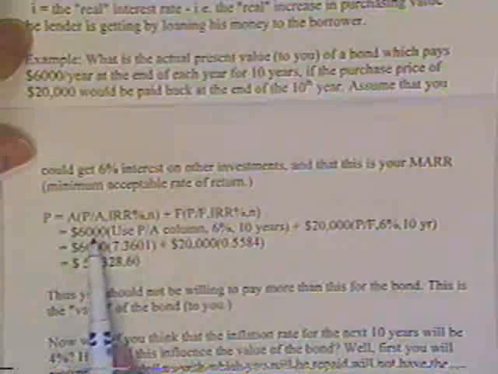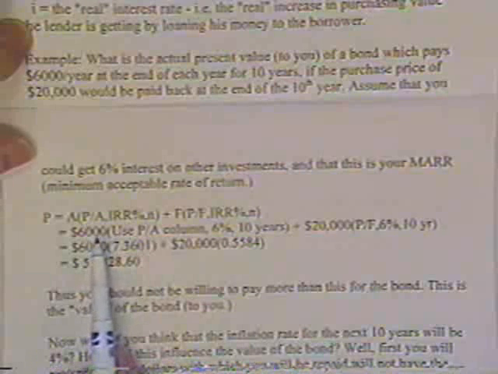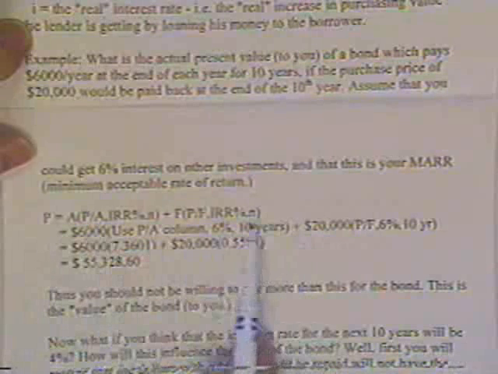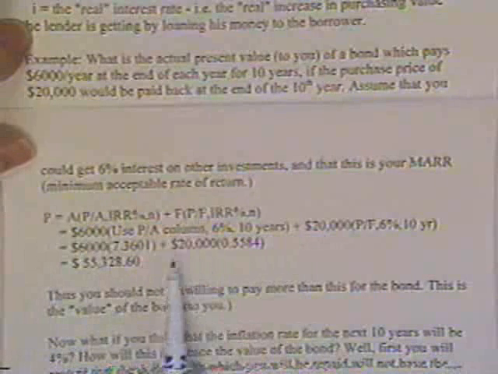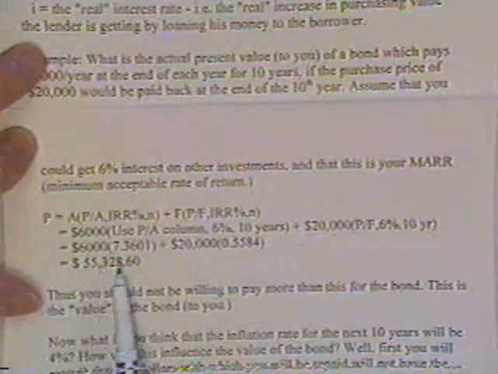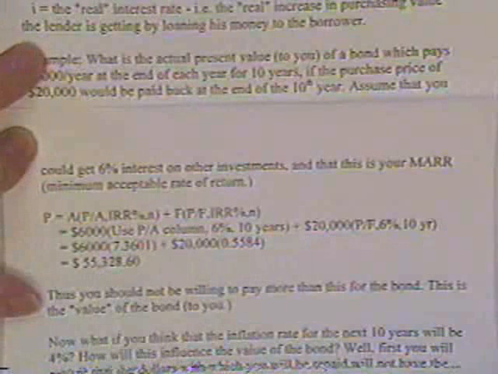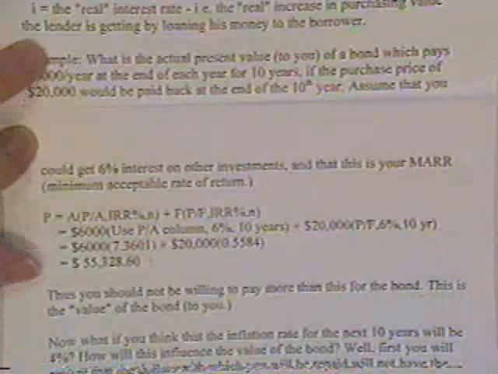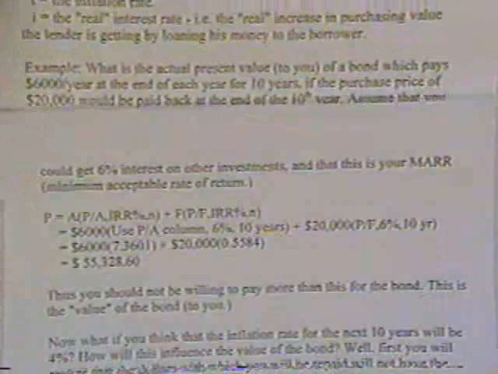And therefore, to change an annuity or an annual amount into a present value, I multiply by P over A, and the future value times P over F. I calculate that bond, I would pay $55,000 for it, but no more. That's the value of the bond to me.